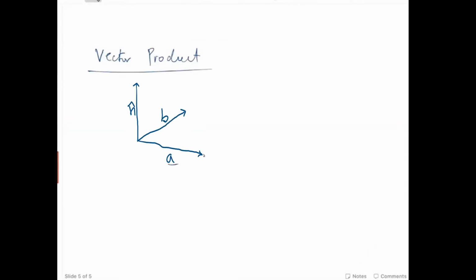Geometrically, the vector product between two vectors A and B is a vector n that is perpendicular to both vectors. And again, in the video, I've made a proof of how to get the expression of A cross B, the vector product. Let's here give the final answer.